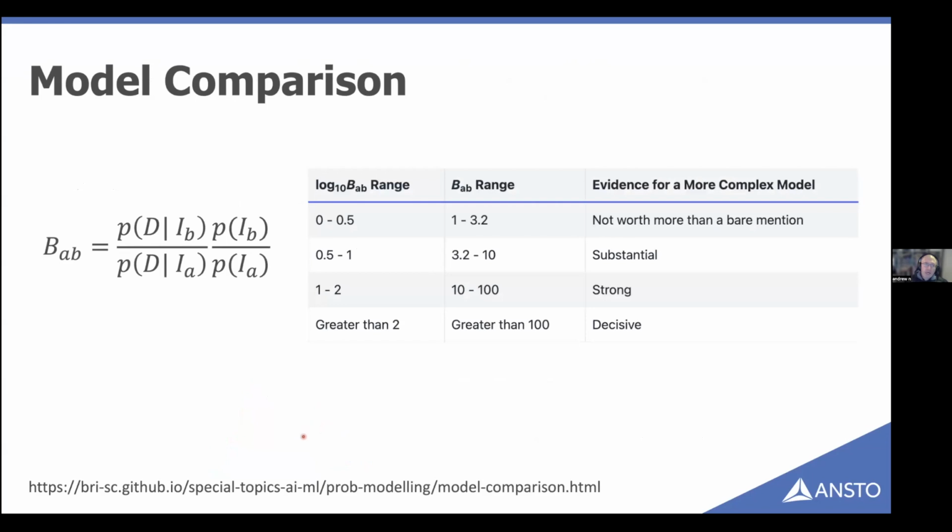Here we've got a ratio of the evidence terms. This might be the evidence term for model B divided by the evidence term for model A. And remember, P(D|M), that's the probability of seeing the data given the model.